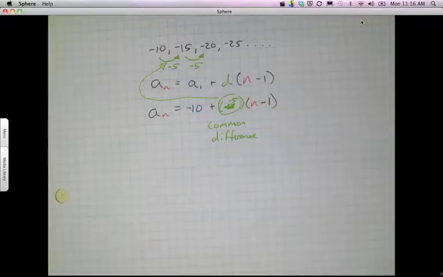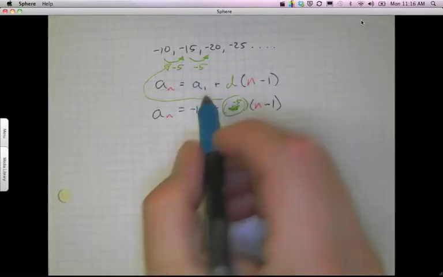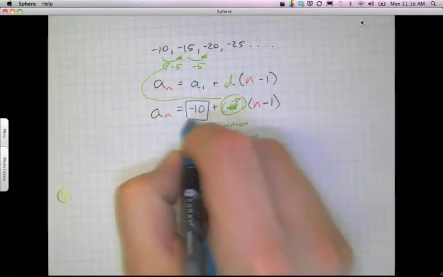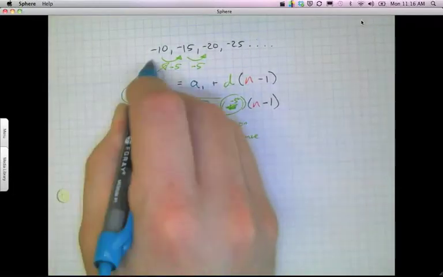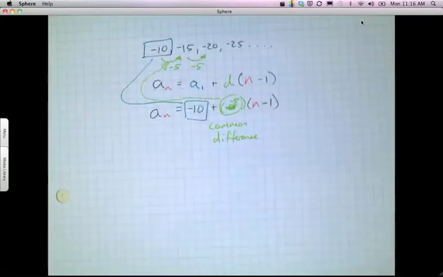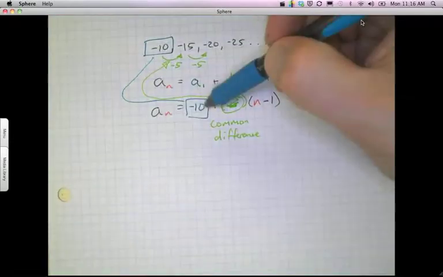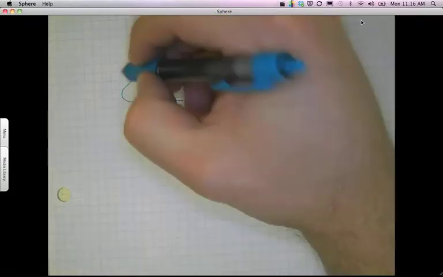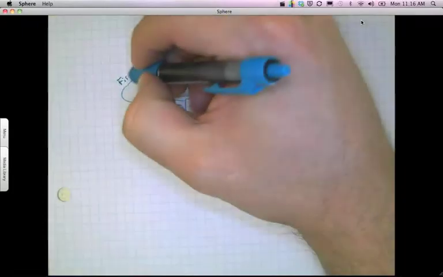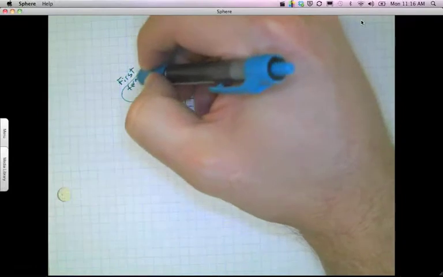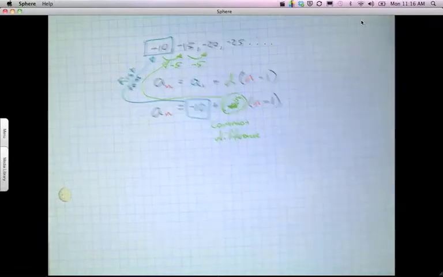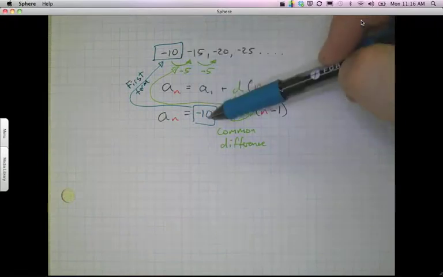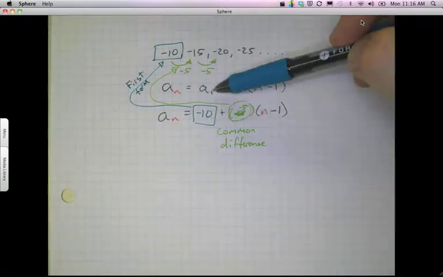So they're looking to see that you can translate your equation, which is one way of representing it, into another. Now here I was putting a kind of a box around my -10 and then drawing an arrow up to here, because this is my first term. And so in my problem, this -10 in my sequence becomes the -10 in my equation that I add at the very beginning.